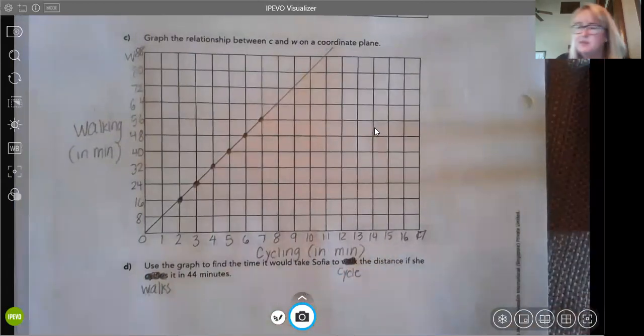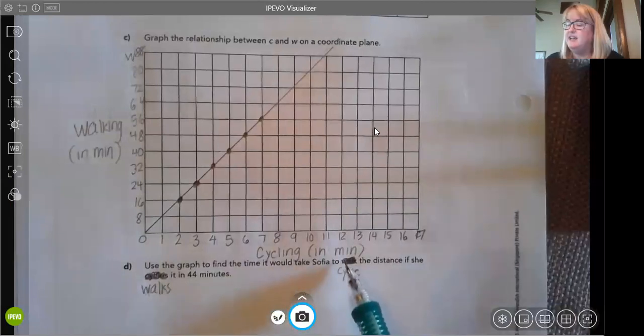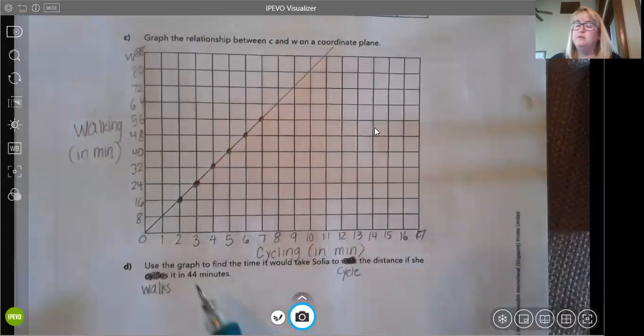So I think that the publishers made a mistake on this. And even if they didn't, we are turning it around because then you can't use the graph. So this changed to cycle, this changed to walk. Use the graph to find the time it would take her to cycle if she walks it in 44 minutes.